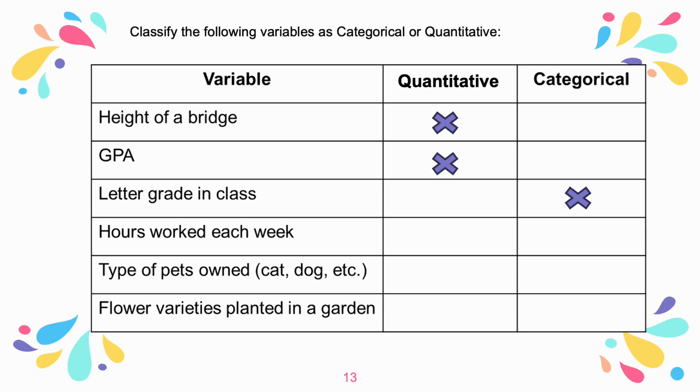Hours worked each week, that would be quantitative. The type of pets you own, like a cat or a dog, that would be categorical. And flower varieties planted in a garden, that would be categorical. Hopefully you were able to get them all right.